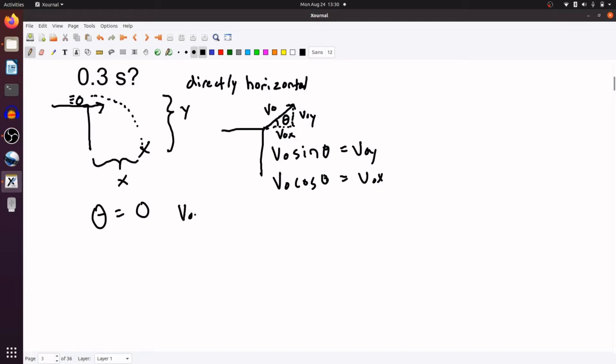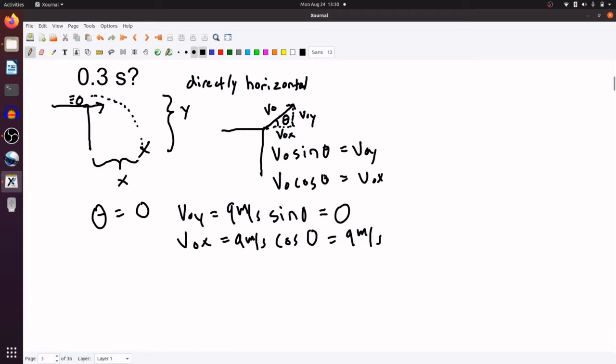So to find v naught y, I would say 9 meters a second sine of 0. If you remember your trig, the sine of 0 is 0. And then v naught x is going to be 9 meters a second cosine of 0. Cosine of 0 is 1, so it ends up just being 9 meters a second.